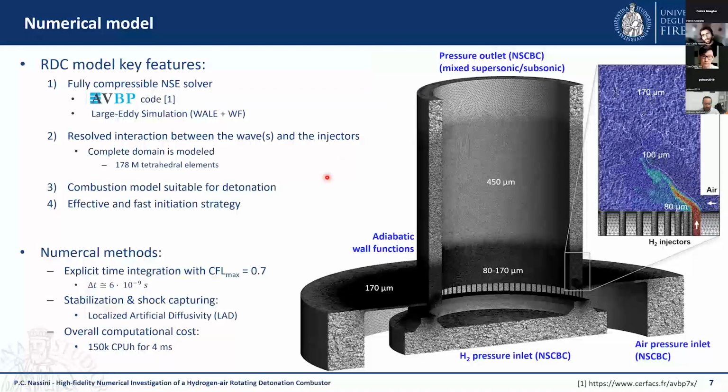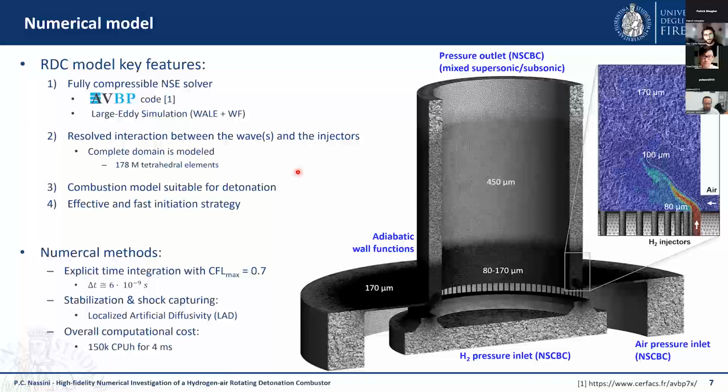So when we decided to study this rotating detonation combustor, we had some key features of the model to be properly addressed, which are summarized here in this slide. First of all, of course, we are dealing with supersonic combustion, but also with turbulence.